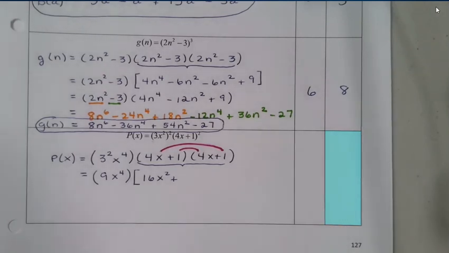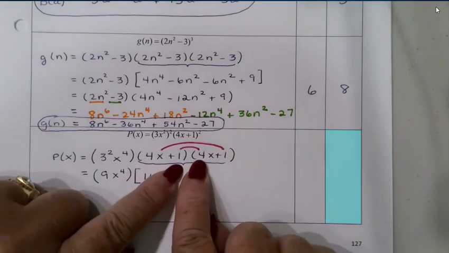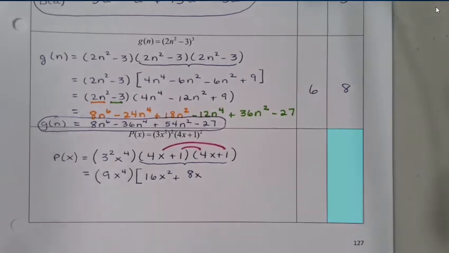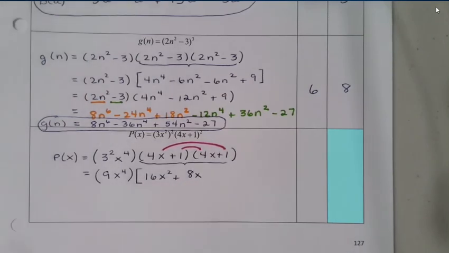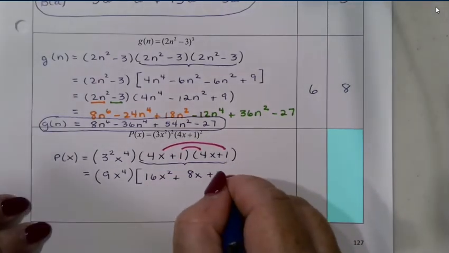Saves yourself writing out a step. Just think plus 4x plus 4x is plus 8x. Right? If that messes you up, don't do it. Write it all out. But if you're to the point that you feel like, hey, I could probably do the outers and inners and combine them in the same step, it will save you a little writing. All right, and then the last would be a plus 1.